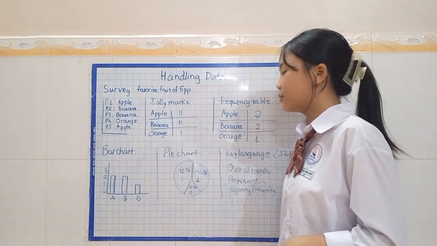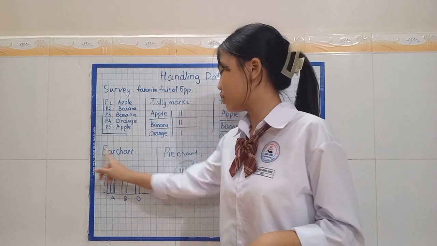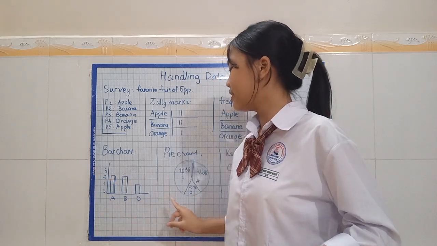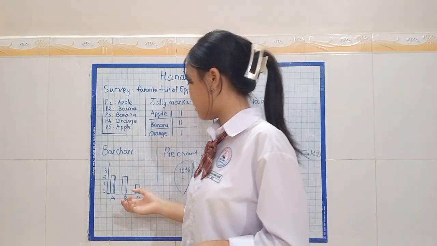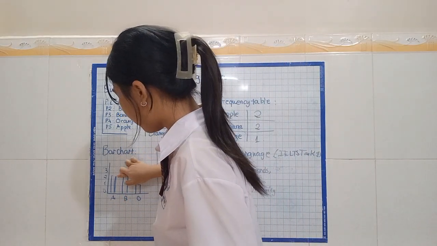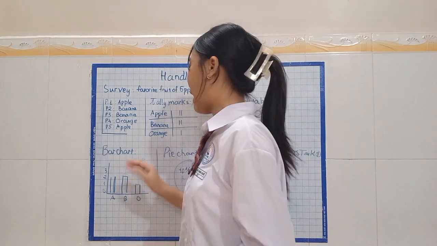Next, we are going to move on to the bar chart. A bar chart is a chart drawn like this, with bars showing the numbers and the amount that we want to represent. Now look at the chart.